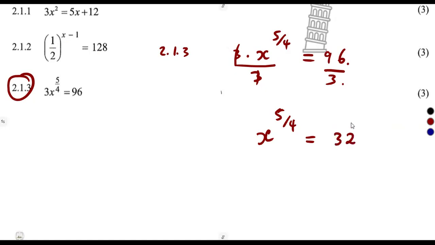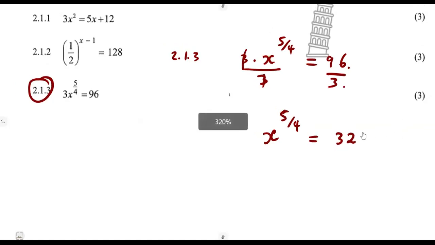So this is the case. When you are given these exponents, guys, where you have got rational exponents of this nature, you simply have to determine the reciprocal of the exponent, or the inverse. 5 over 4, its reciprocal, you just interchange this.